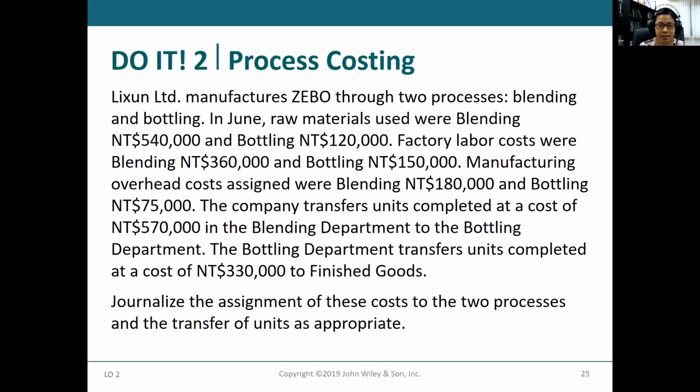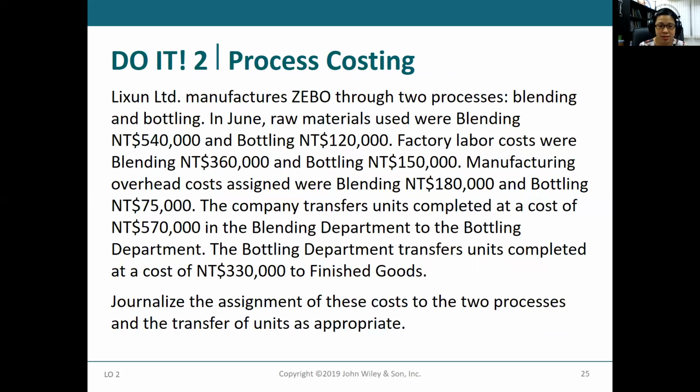Let's look at the example here. Process costing. Lee Sun Company manufactures Zibo through two processes, blending and bottling. In June, raw material used were blending 540,000, bottling 120,000. Factory labor costs were blending 360,000, bottling 150,000.